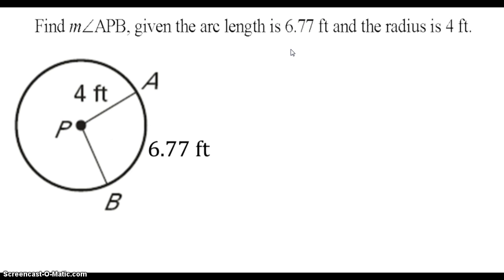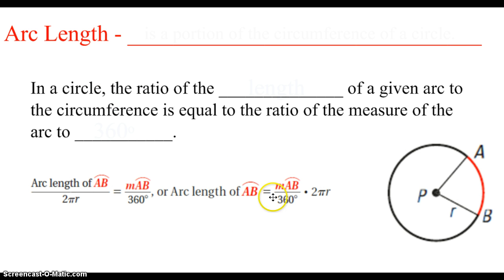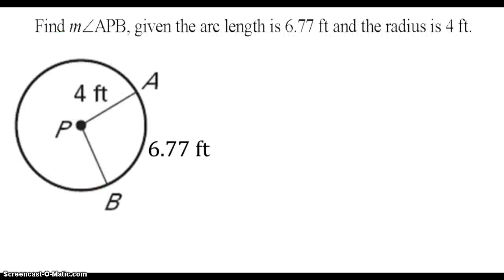If I have a formula and I know it's arc length, for example, if I go back, it's arc length equals measure over 360 times 2 pi r. Well, I can look for the length, I can look for the measure, or I can look for the radius, or I can look for a diameter, or I could look for circumference. So all this is just coming back to algebra. When I look at this circle, I tell you that the arc length of AB is 6.77.